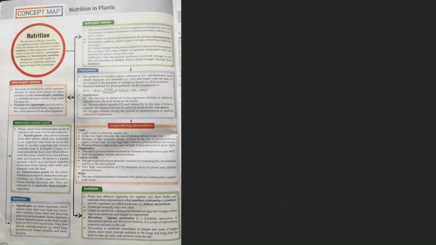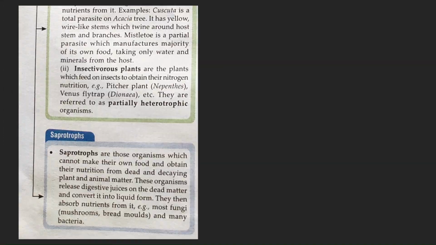Moving on, we have completed autotrophic nutrition and heterotrophic nutrition. We have covered the parasitic plants and insectivorous plants. Heterotrophic nutrition also covers the saprotrophs.